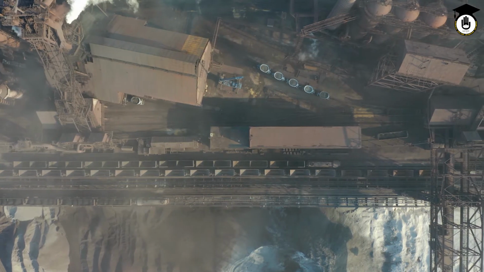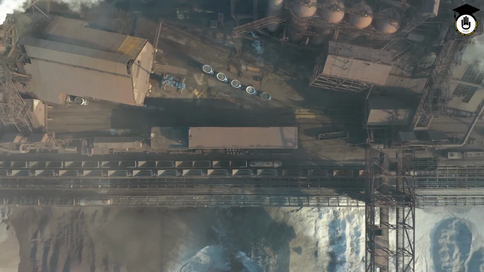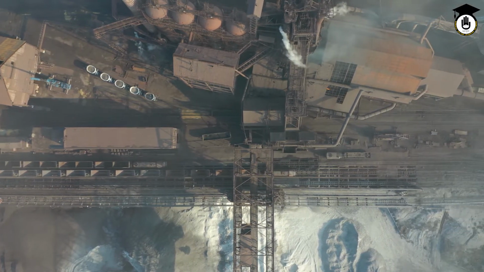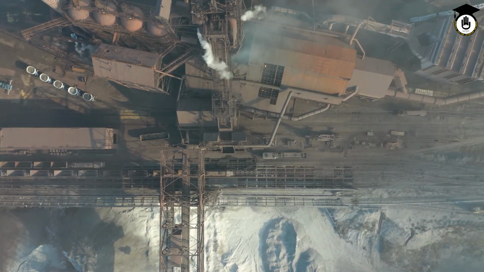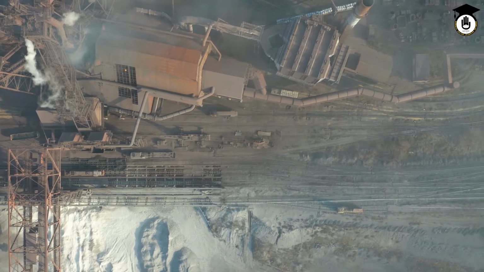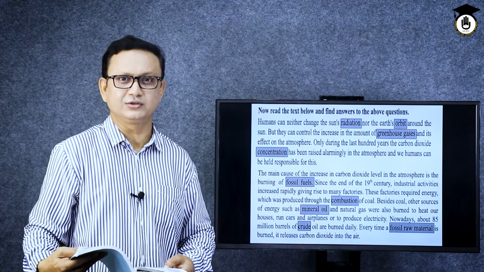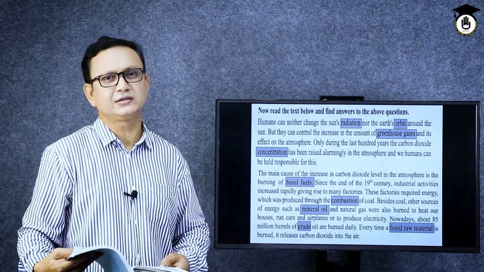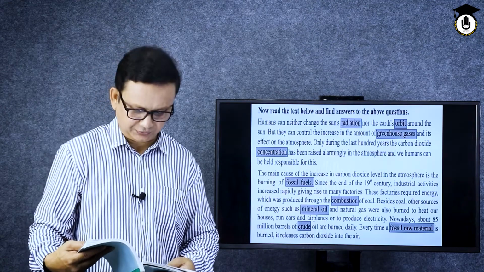But ultimately, this is creating harmful gases in the atmosphere, and in this way, carbon dioxide is increasing in our atmosphere. And not only carbon dioxide, some other harmful gases also, like methane, like CFC, like ozone, are also increasing in our atmosphere.